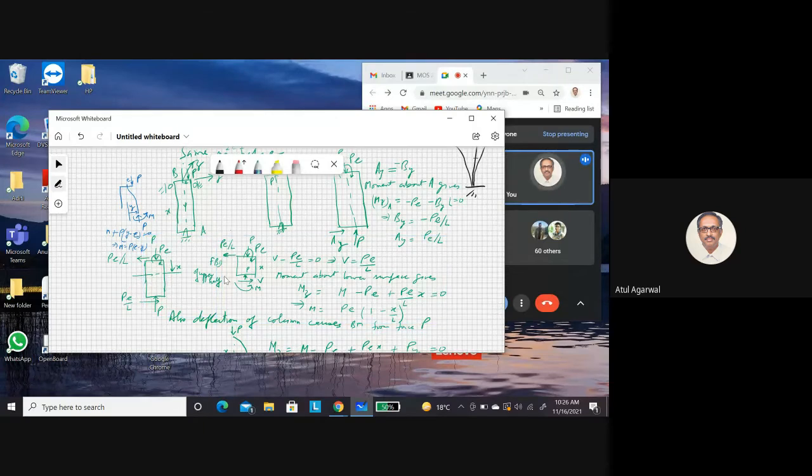Now if I take a section here and I want to find shear force and bending moment here, what will happen? So I show here positive direction of shear force and bending moment. So my positive x direction is this. So shear force positive should be like this and bending moment like this.